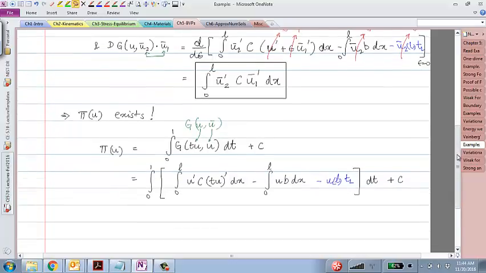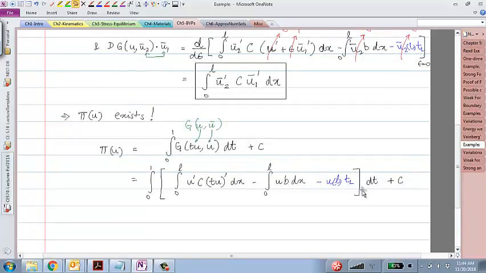That's all I'm doing in the original definition, and hopefully you all see that this is what we get. At this point, I'm ready to integrate this. And since t is just a parameter, it does not depend upon x, I can pull all of these integrals inside the integral for x. The only thing that depends upon t is right here.